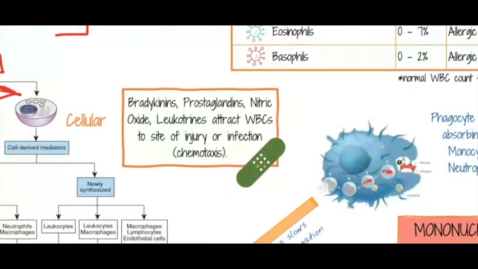So you've got those bradykinins, you've got histamine, you've got prostaglandins, nitric oxide, leukotrienes. These are all things being released from those initial phases of the inflammatory response. Part of what those inflammatory mediators do is they attract white blood cells to the site of injury.